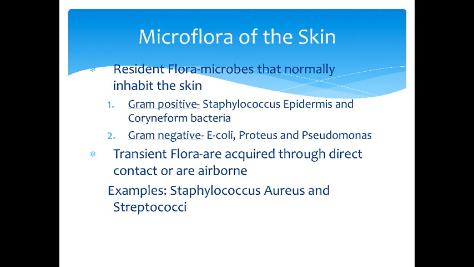Okay, so another thing to remember about our skin is that as we're walking around interacting with the environment, there are a lot of things floating around. So we have microbes on our skin all the time, which is why, when doing a skin culture or even wound cultures, a lot of times you're not going to get a whole lot of information from them, because most of us have Staph aureus on our skin all the time.